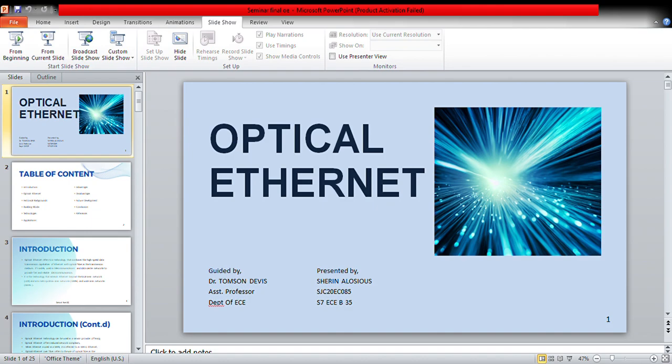The researchers at Bell Labs were among the first to explore this idea. From 1972 through the early 1980s, they successfully demonstrated the first transmission of Ethernet signals over optical fiber. This breakthrough marks a significant milestone in the development of optical Ethernet technologies.